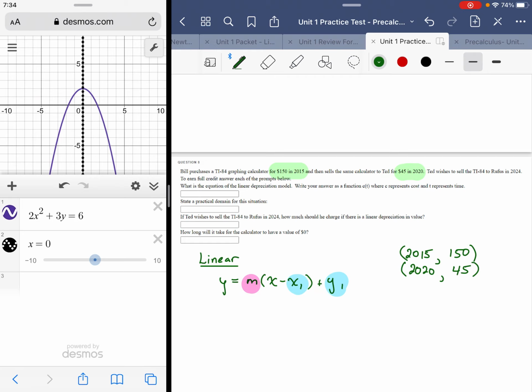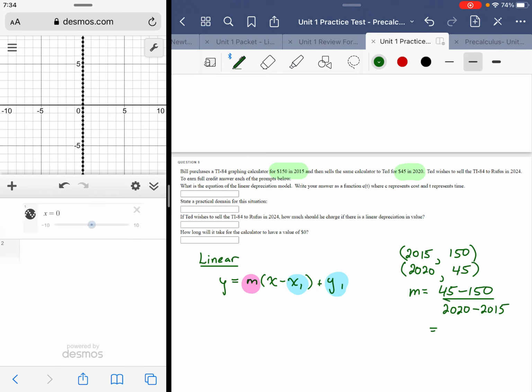Now, I could, if I want to, let 0 be equal to the year 2015 and go from there, but calculators existed before the year 2015, so unless you want to get negative values involved for the measure of time, you could play it safe and just go with the year value. So m would be equal to 45 minus 150, change in y, over change in x, 2020 minus 2015.